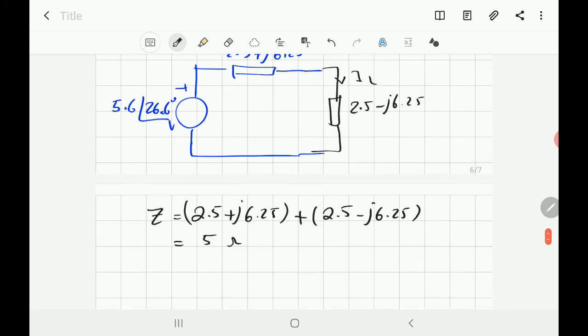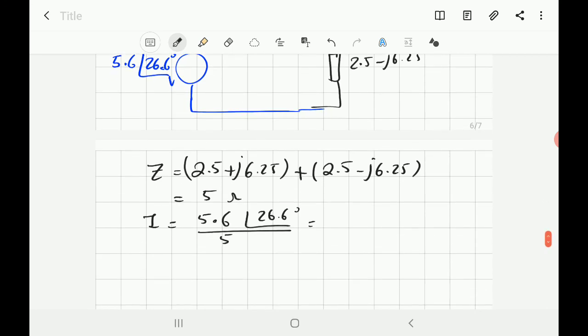So the total impedance is 5 ohm, so the current will be equal to 5.6 angle 26.6 divided by 5. Using my calculator, 5.6 divided by 5 equals 1.12. So it'll be 1.12 with the same angle 26.6 ampere, and that will be the result.